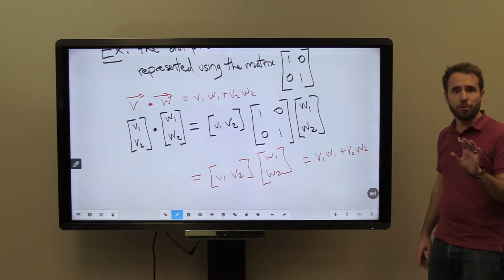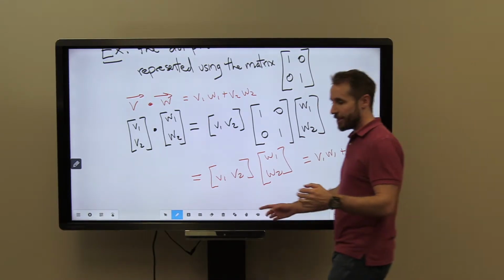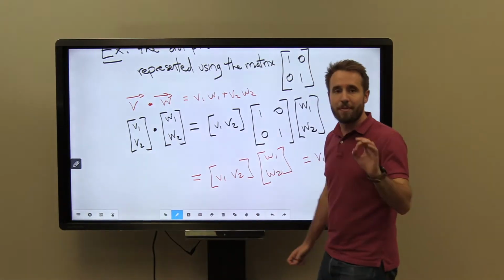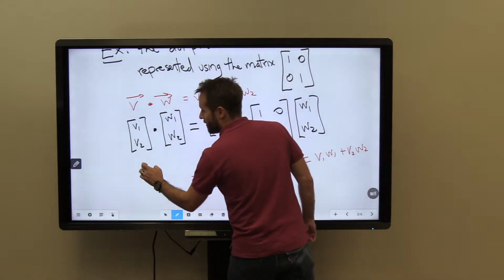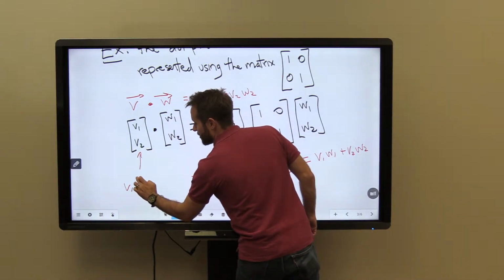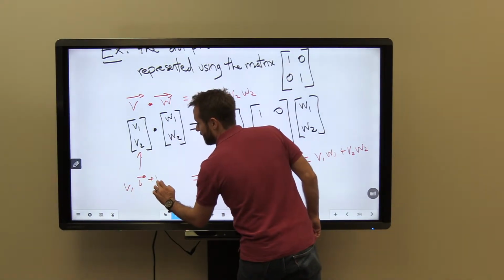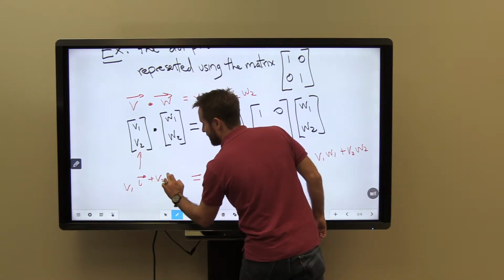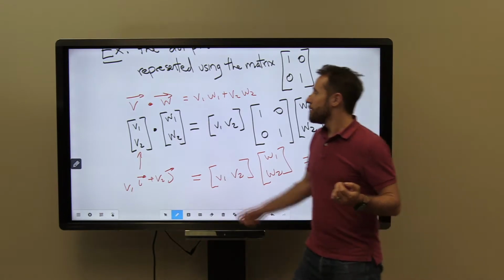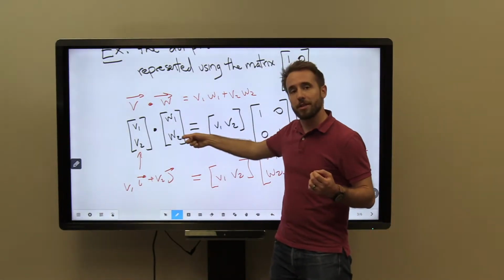Now I say our usual basis by just pointing out that using this v1, v2 notation means that my vector v is really being thought of as v1 times the vector i plus v2 times the vector j. And similarly for w1 and w2, this vector is just w1 i plus w2 j.